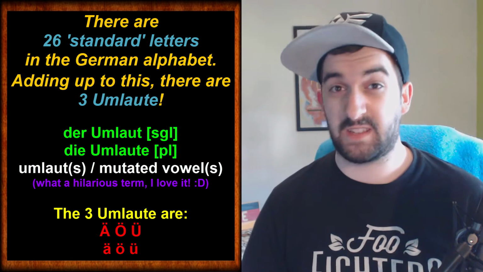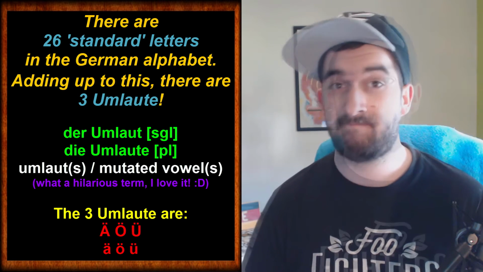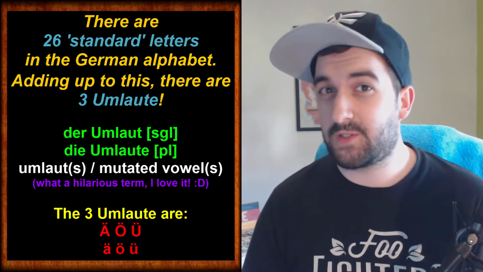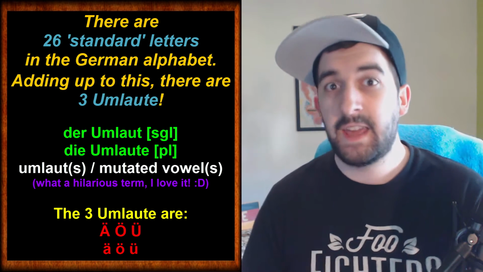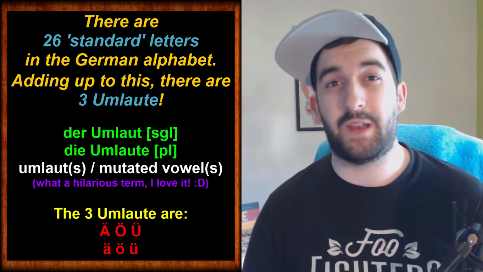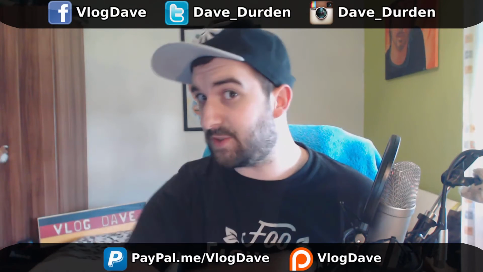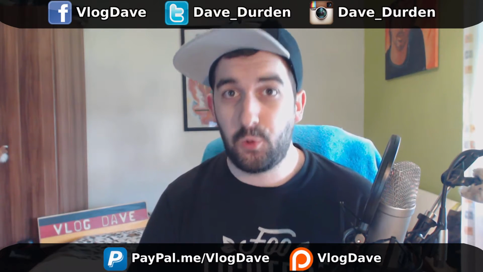Well, an Ö is one of 3 Umlaute in the German alphabet. By the way, the German plural term isn't Umlauts or anything alike, it's Umlaute. Der Umlaut Singular, die Umlaute Plural. And like I've said before, there are 3 in the German language. Ä, Ö and Ü.